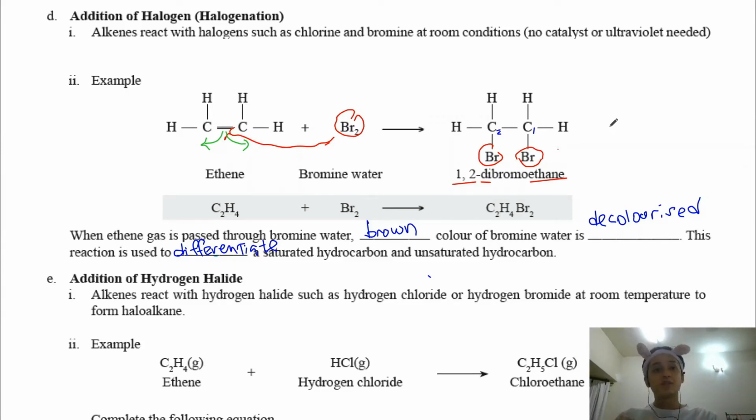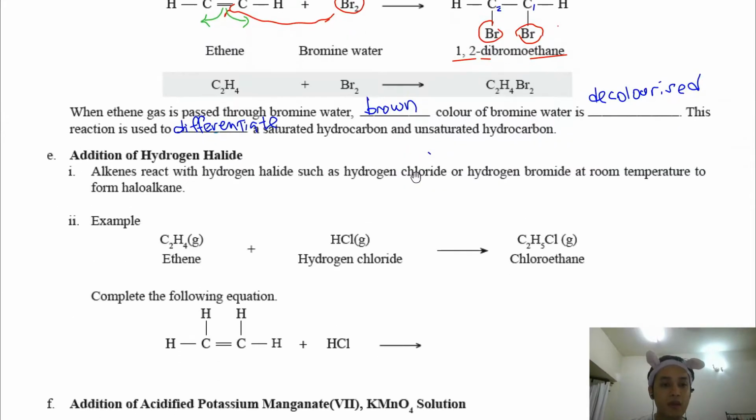The test tube that contains the alkene, the bromine water will change from brown to colorless, whereas for the alkane, the bromine water will remain the same color, which is brown. So this halogen reaction, or halogenation, can be used to differentiate between alkene and alkane.